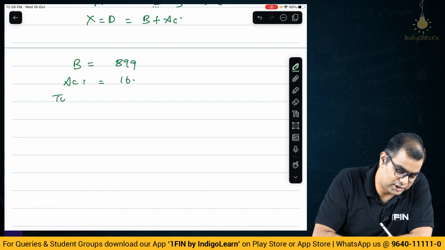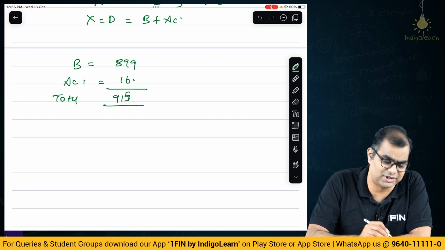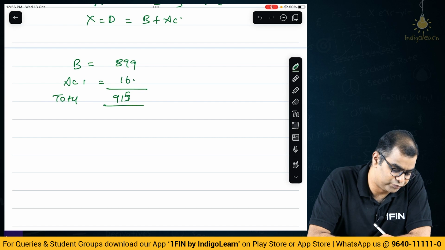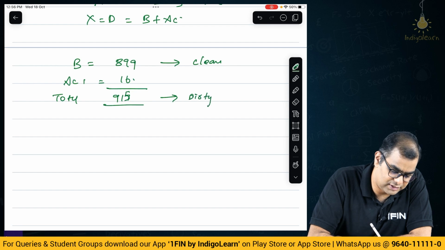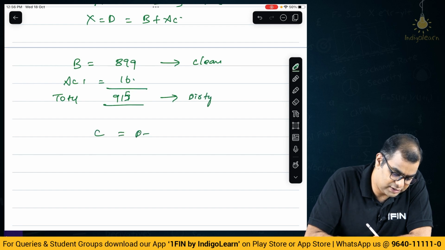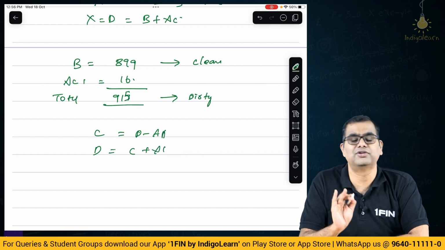So, total is 915. I am rounding off, just do not go by the exact numbers, I do not want to get into that logic discussion. So, this is known as clean price, this is known as dirty price. Clean is equal to dirty minus accrued interest, dirty is equal to clean plus accrued interest. That is how we compare.